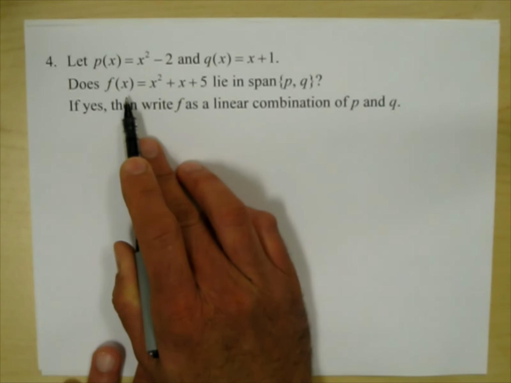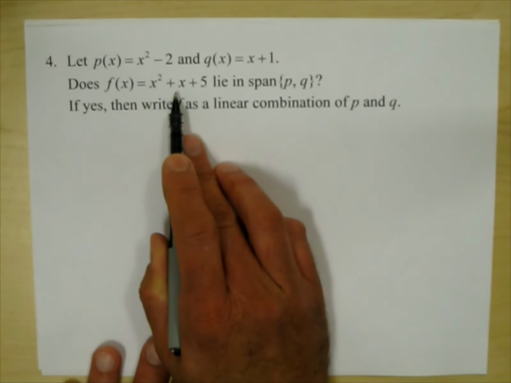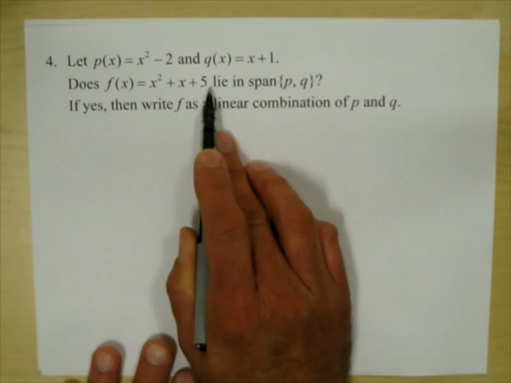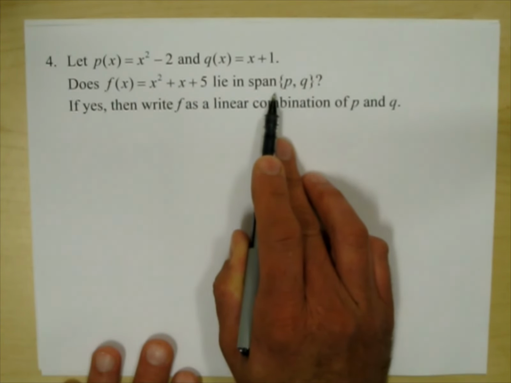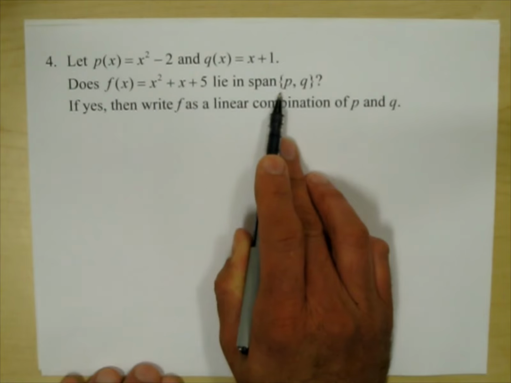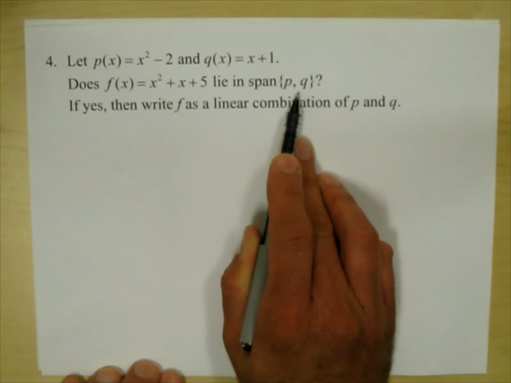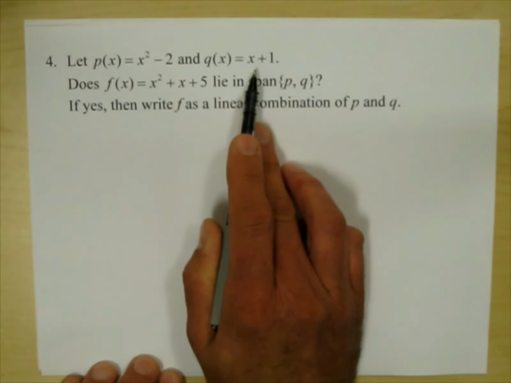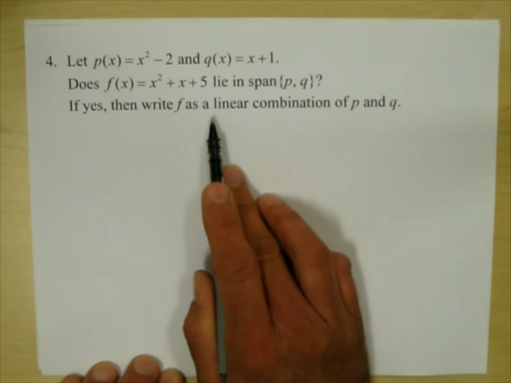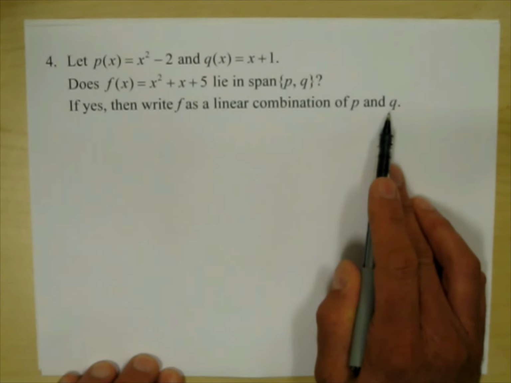Does f, which is x squared plus x plus 5, lie in the span of p and q? So this is just like problem number 1, except the vectors are not in R3 anymore, they are polynomials. If yes, write f as a linear combination of p and q.